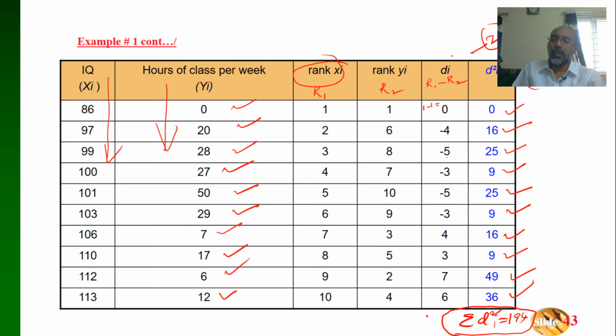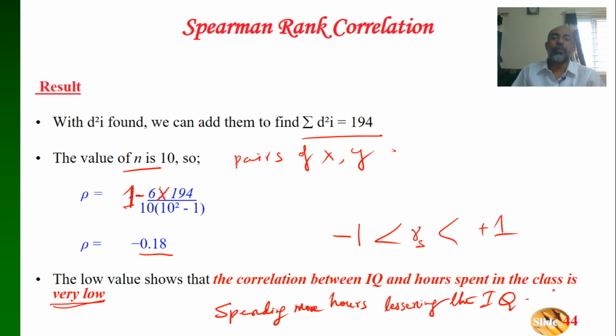So we calculate sigma d square is equal to 194. Then we'll substitute the values in the formula. What is the formula? 1 minus 6 sigma d square by n into n square minus 1.